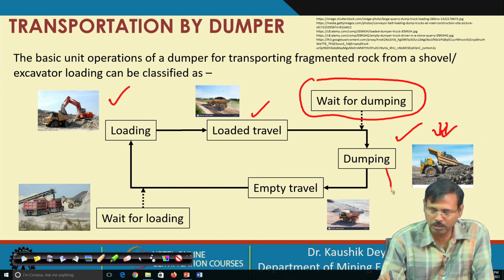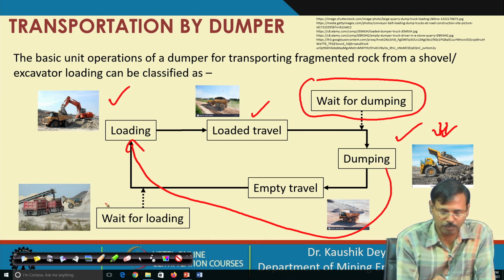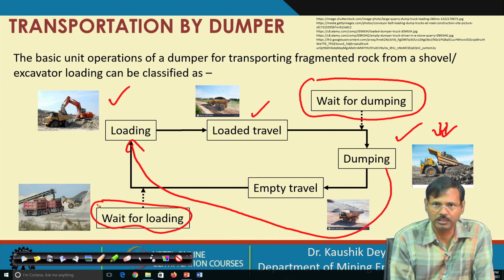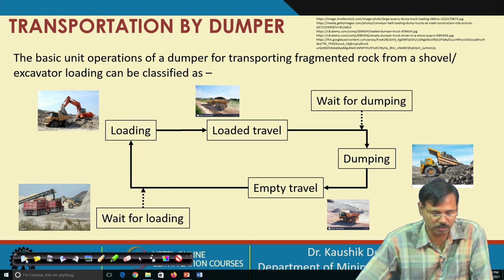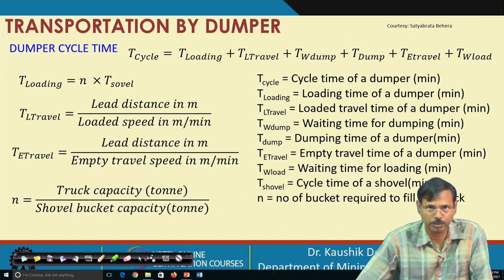Then after dumping, it has to move to the loading point, and there may be some unwanted waiting time if the excavator is engaged with loading of other dumpers. This is already covered in the last class, and we have seen how the cycle time of a dumper can be calculated, and this formula is well expressed.